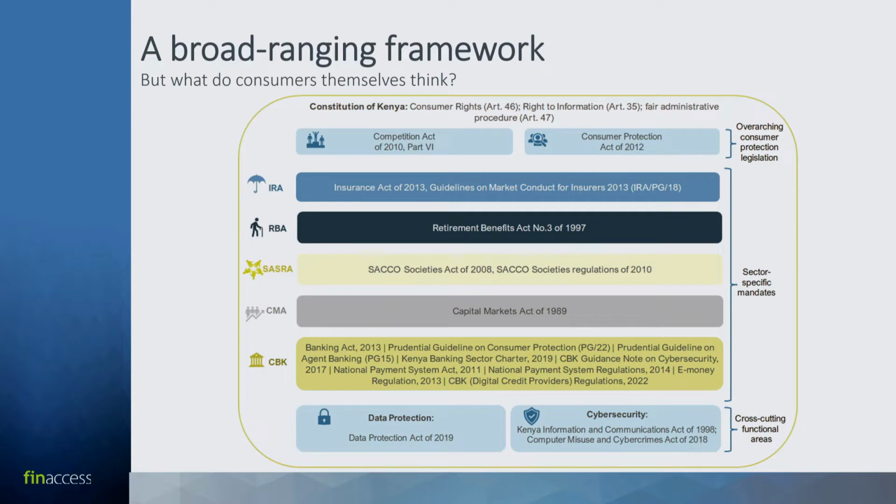Now, how do you measure it? Traditionally, if you're looking at financial consumer protection, each regulator would require their regulated institutions to report to them, and they would do their on-site and off-site supervision. And then you would be looking at things like, are you complying? Do you have the right policies and procedures in place?